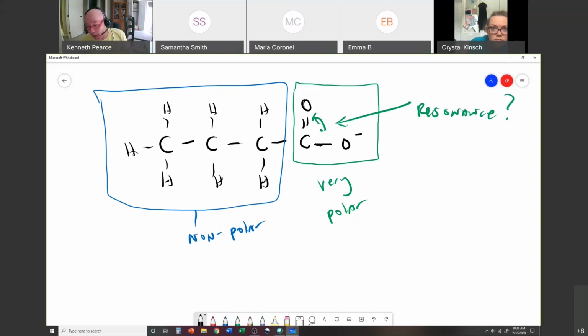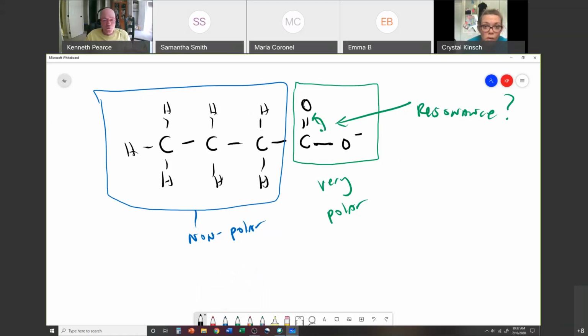When you get into organic chemistry, one of the reasons why this is favored, what I squared in with green, is because it's resonance stabilized. If you can delocalize that double bond, you actually make it more stable. So this end of this molecule, not only is it very polar, but it's also been stabilized by resonance structures. All this stuff comes together. You see what I'm saying? It all comes together.